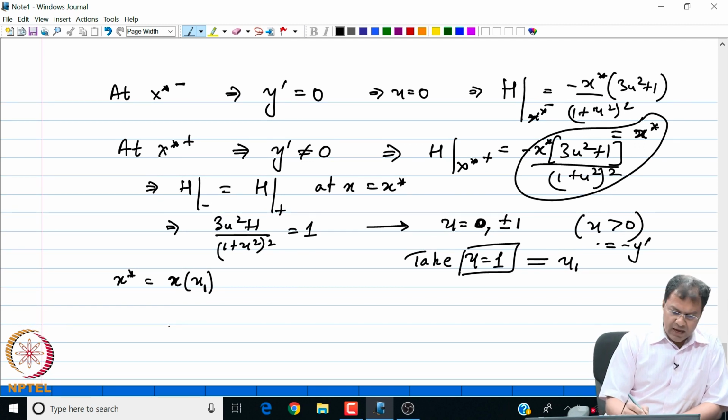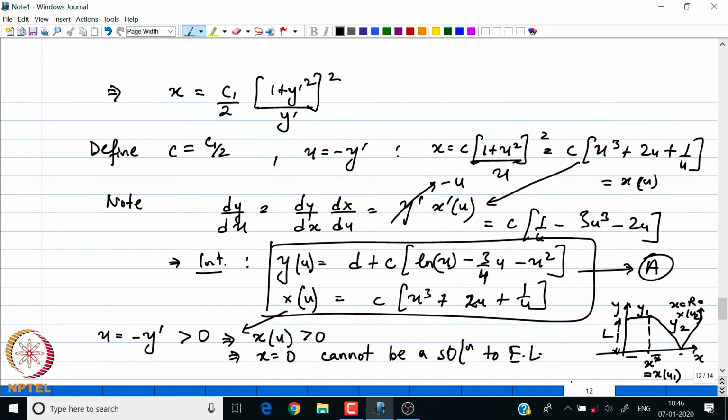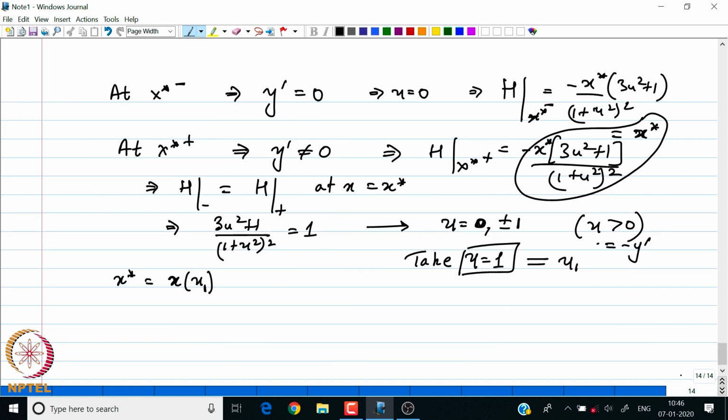So finally, notice how many conditions we have in the problem, how many constants. We have constants like d, c, u1 and u2.